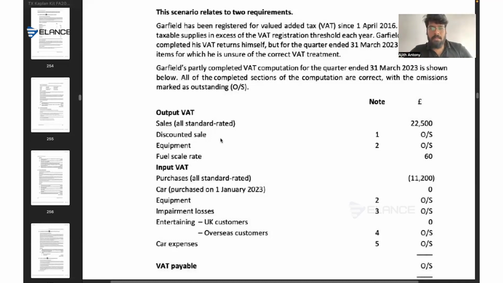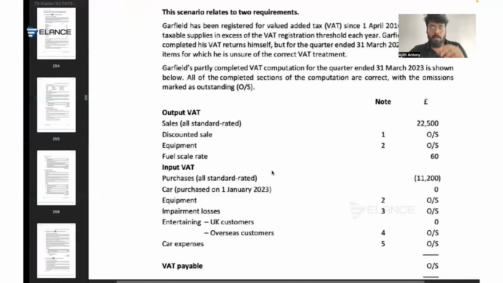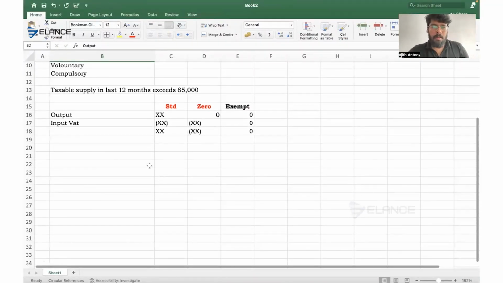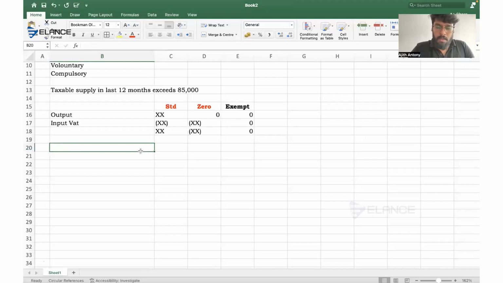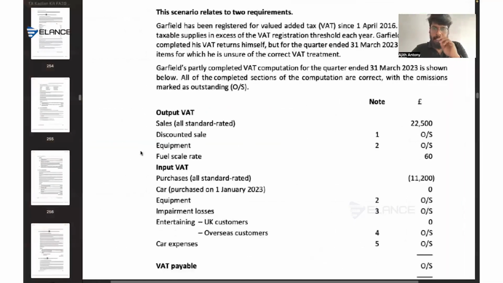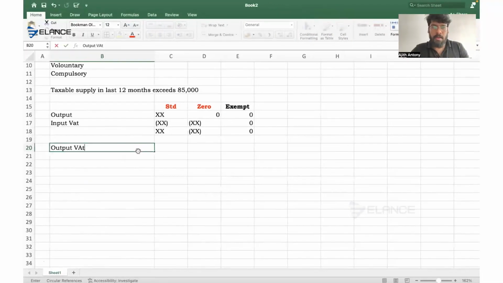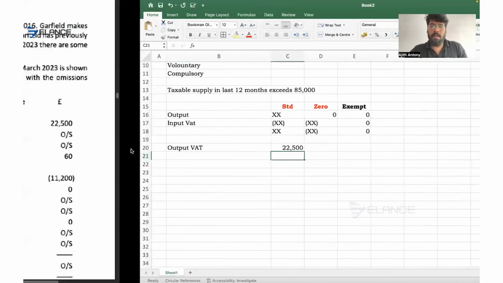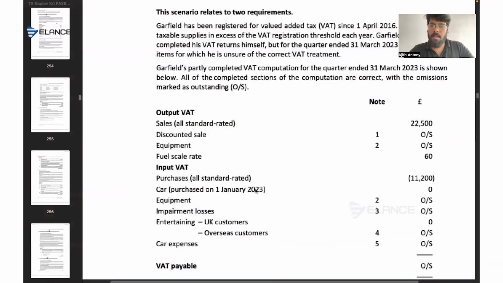He had made some standard rated sales, and the output VAT related with the standard rated sales is 22,500. Let us put this into our answer. Output VAT on the standard rated sales is 22,500. It is already given in the question.